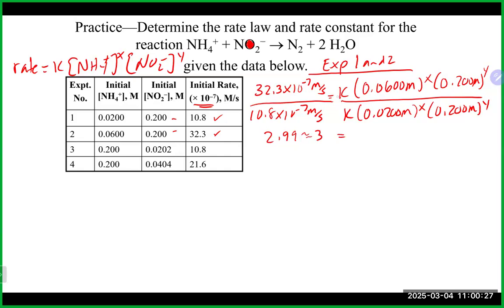The k's will cancel, giving us 3 to the X, and those will completely cancel. Here X would equal 1.